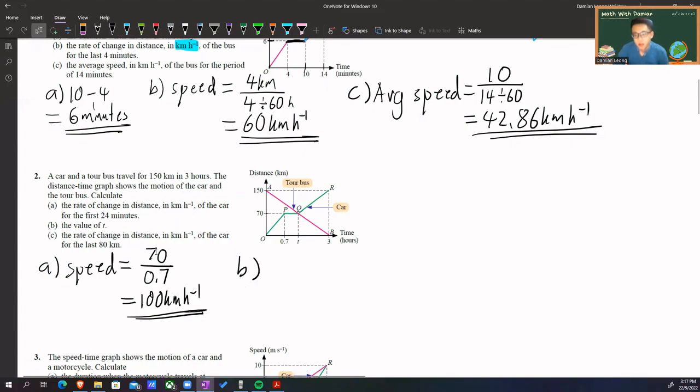If I look at the car, there's no information about how long it is stationary and things like that. So I can't use the journey of the car. If I use the journey of the bus, there is no information in the question, but there is information in the diagram.